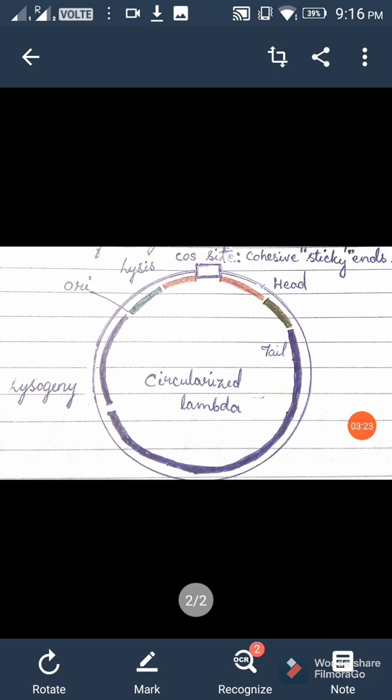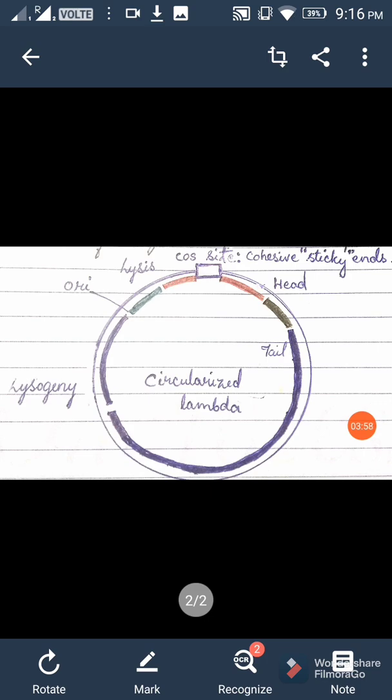So when many viruses are produced, our gene of interest will also be cloned. We will get multiple copies of our DNA of interest, which are present inside the head of these newly formed viruses. So that means when the lysogeny gene is removed, this bacteria will not be able to undergo the lysogenic cycle anymore.